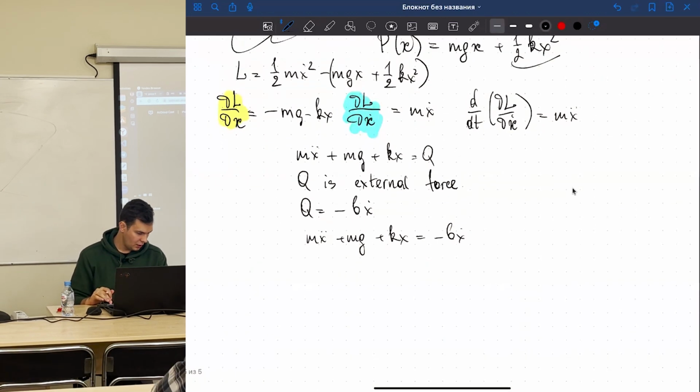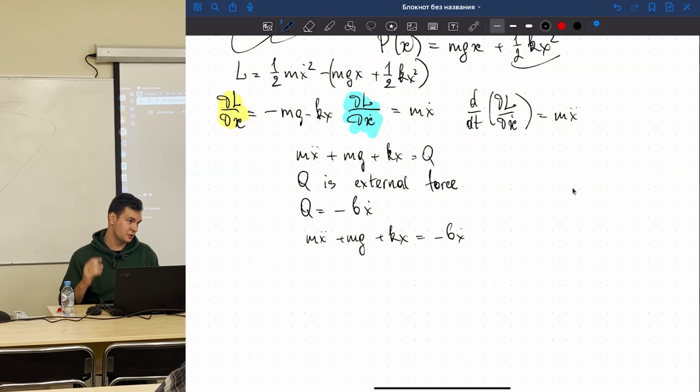Nice. Okay. So what should I add here? A little bit of control. Basically, it is a differential equation, right?